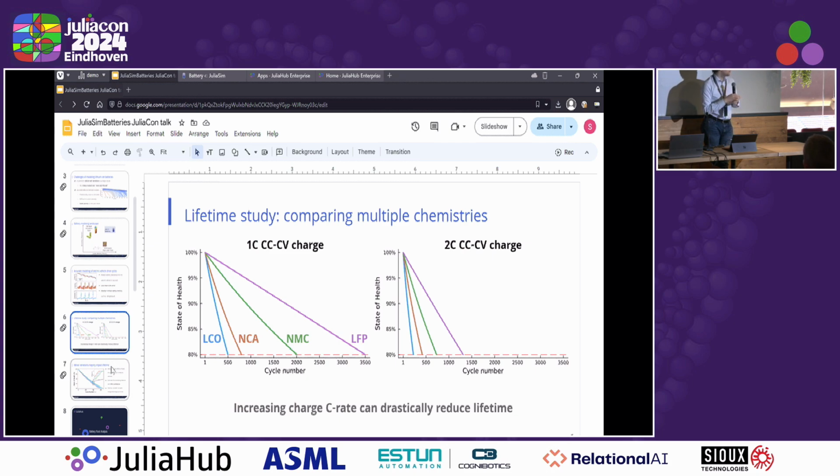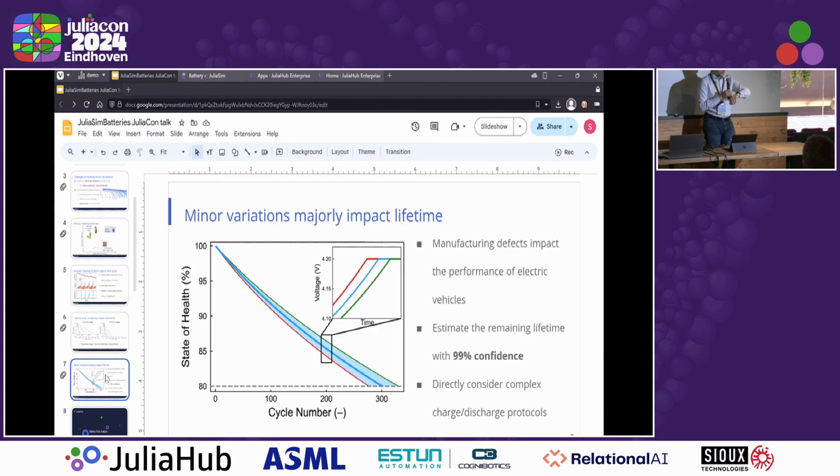One obvious thing that we can see here is that if you charge the battery faster, it's going to also reduce its lifetime faster. Okay. So why does this degradation process appear? I was mentioning earlier the cell-to-cell variation.